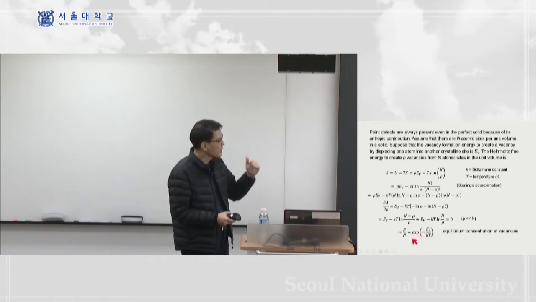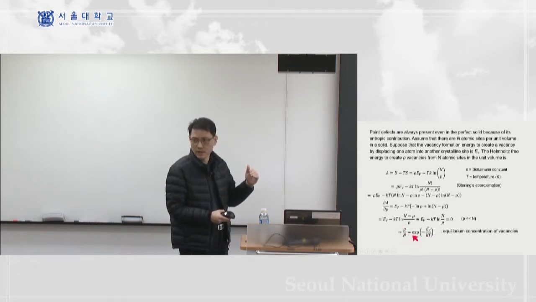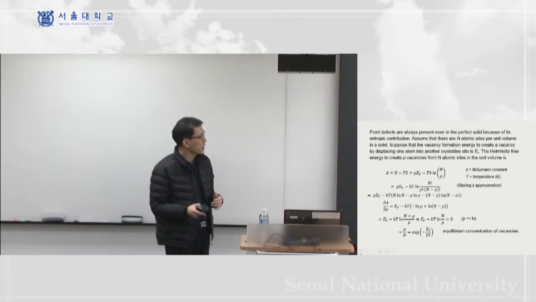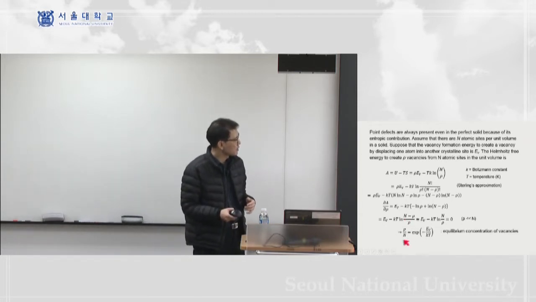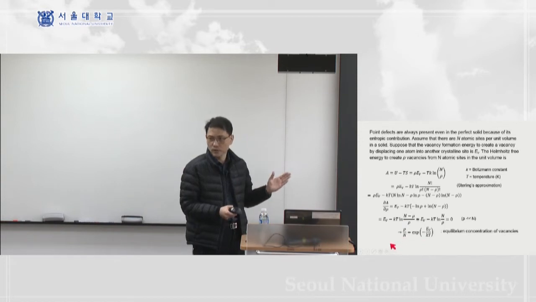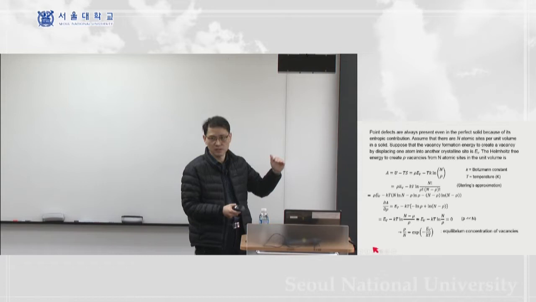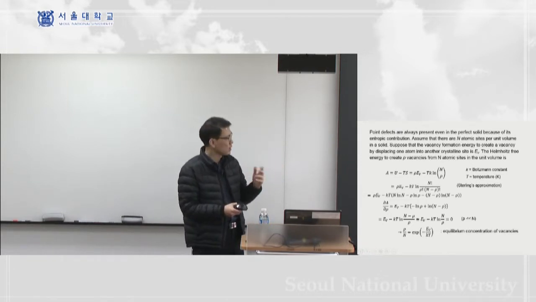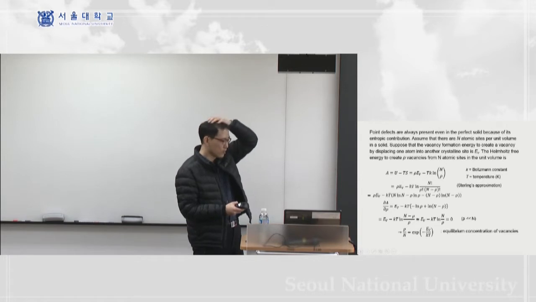But at any finite temperature, you always have a certain density of vacancy at the equilibrium condition. So in this respect, this point defect is called a thermodynamic defect or equilibrium defect, because it is a defect that exists at the equilibrium condition, even for the perfect solid.